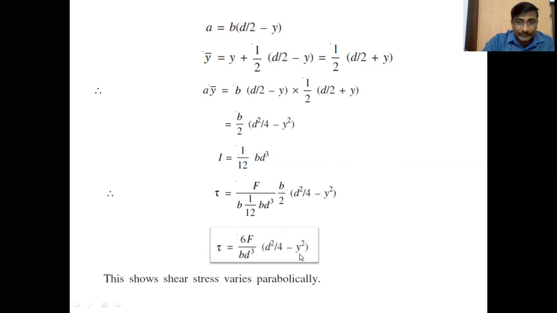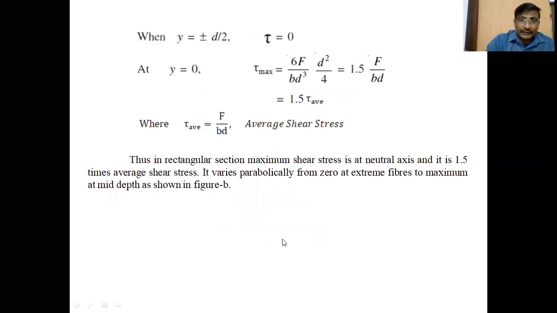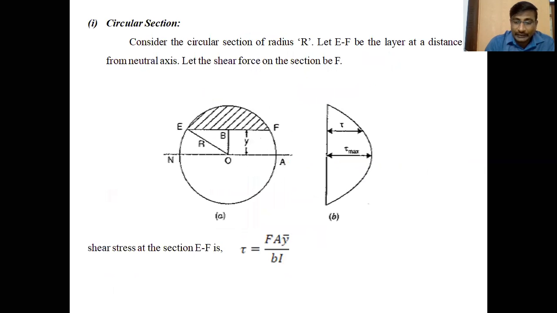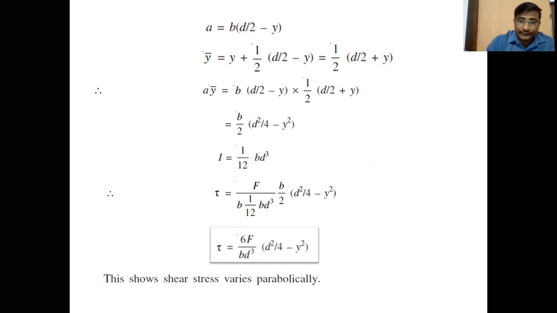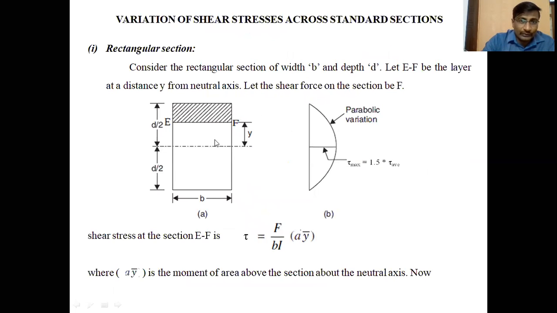So by substituting y equal to 0, we can get the maximum shear stress. Therefore, tau maximum equals 6f by bd cube into d square by 4. This is the maximum shear stress when y is equal to 0. Okay? Why y equal to 0?